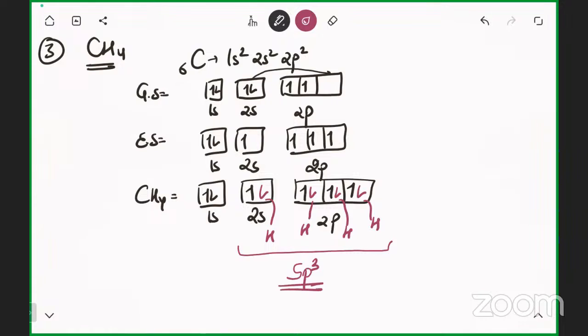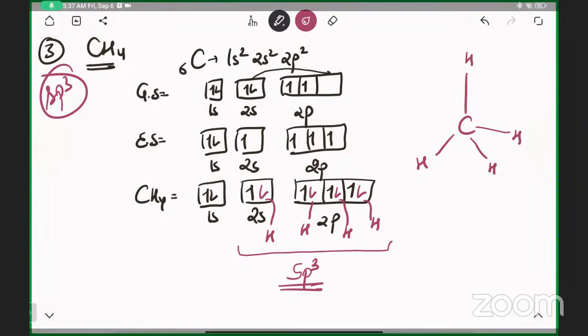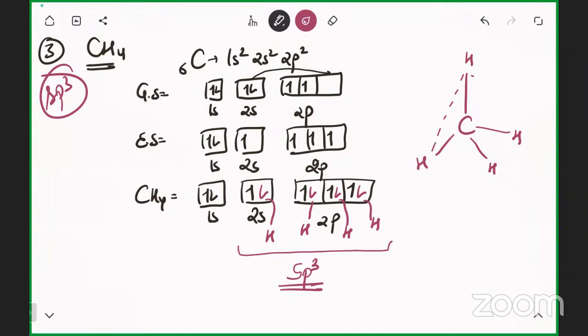So, the hybridization is sp3 hybridization. This is the example of the third type, that is sp3 hybridization. If I talk about the shape of this CH4 molecule, carbon will be present in the middle, hydrogen, hydrogen, hydrogen, and here again, hydrogen. Just join all these.